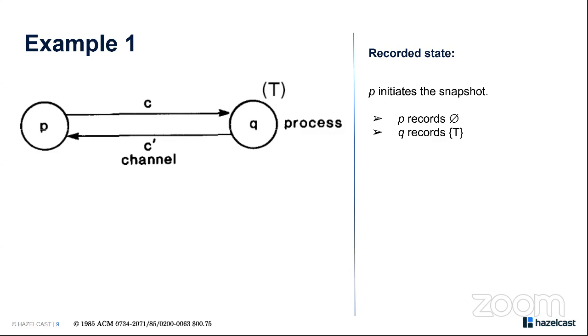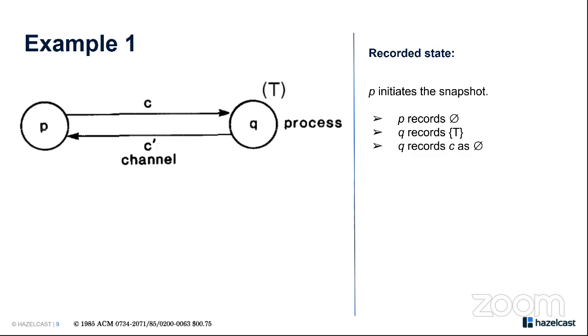It owns the token, so it will record T. And it must send out the marker to all its outgoing edges. It will also record the state of channel C as the empty set. This is the second part of the marker receiving rule. And it forwards the marker along the C dash channel.